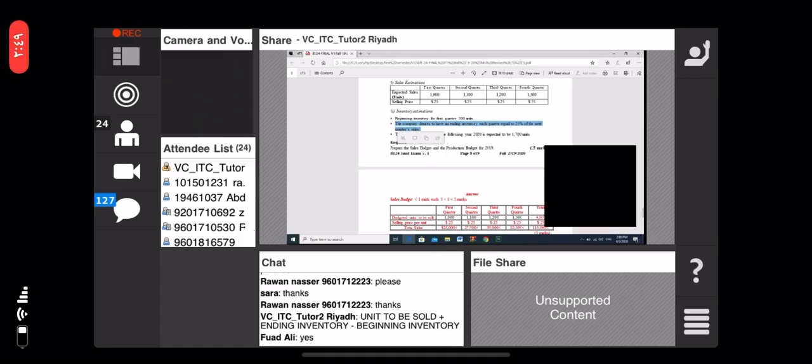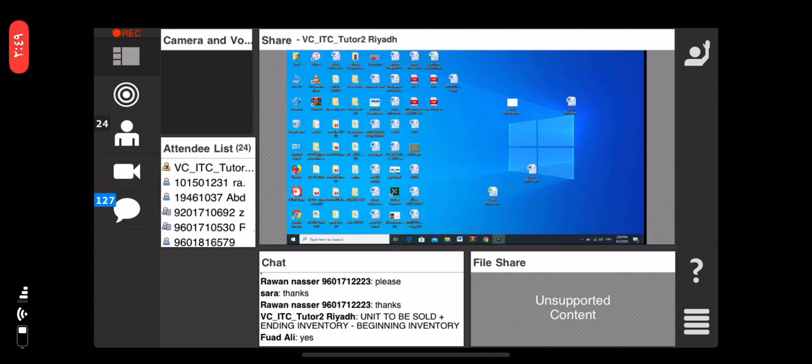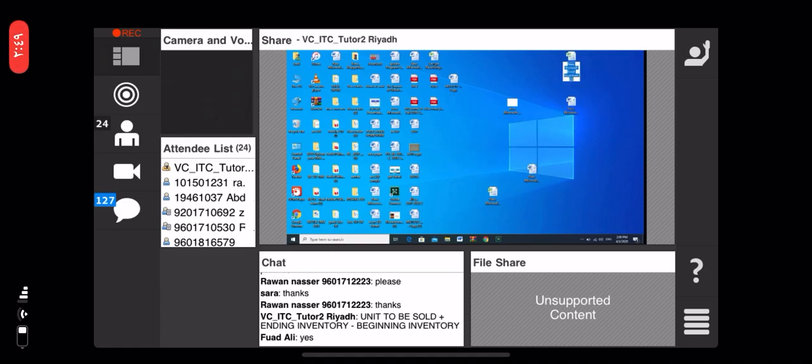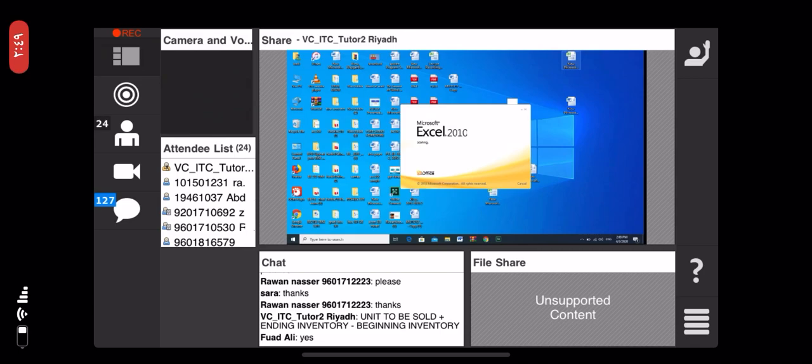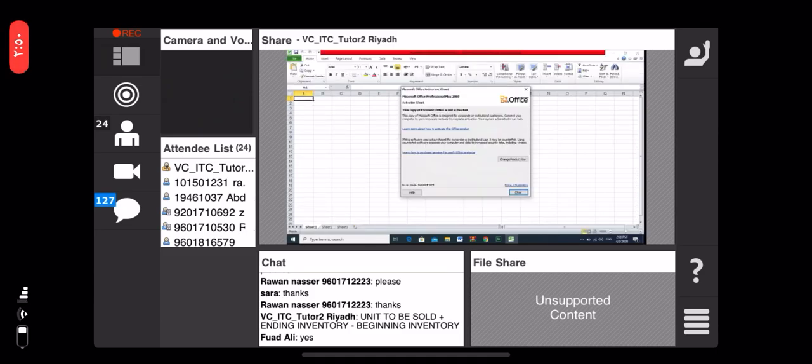Let me open the Excel sheet. So this is the Excel sheet.